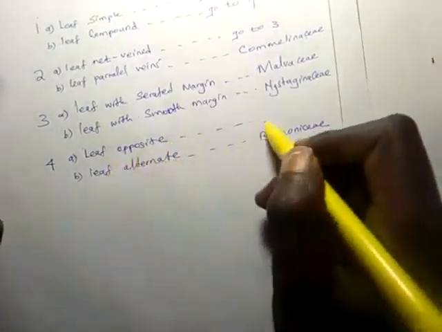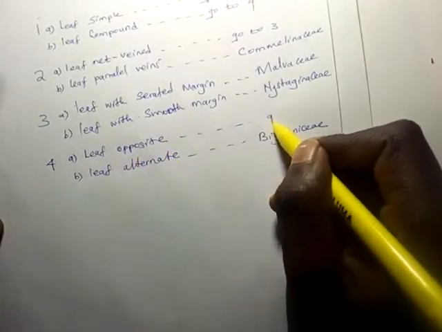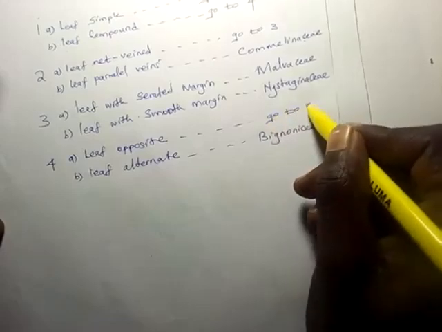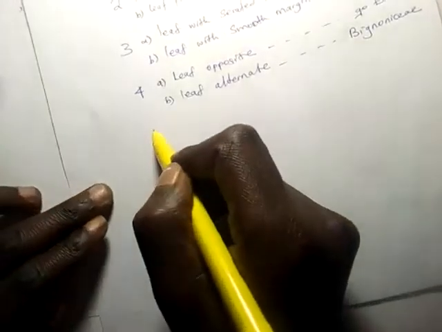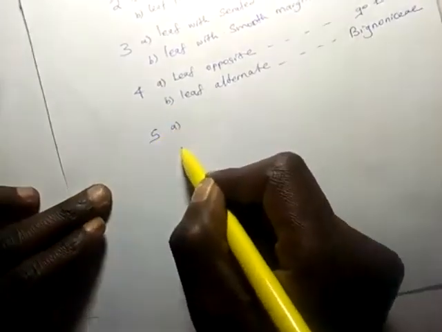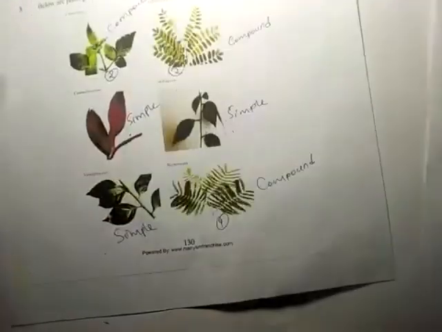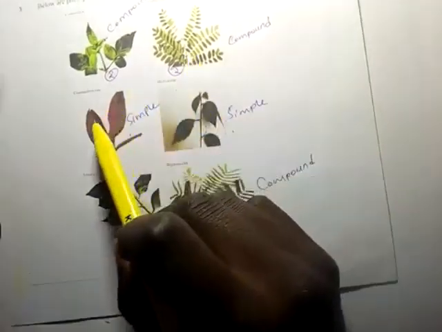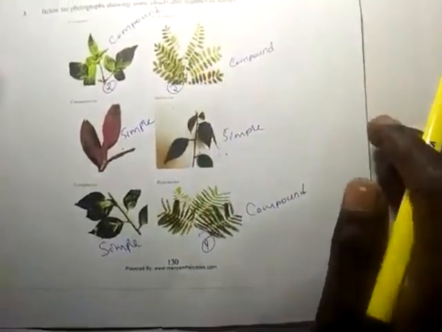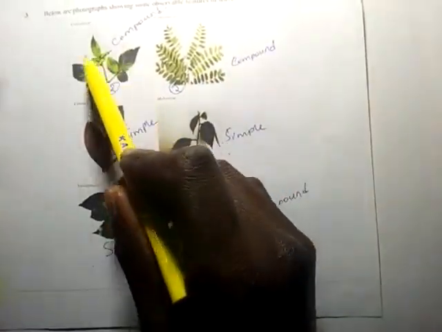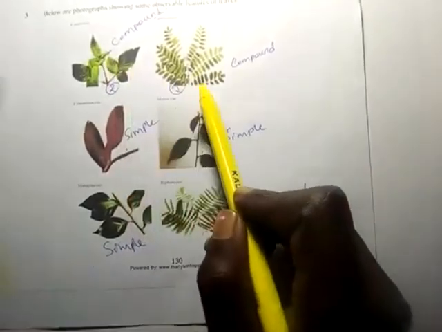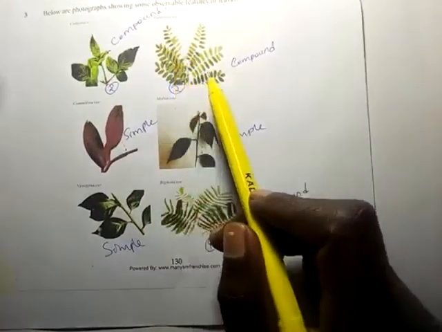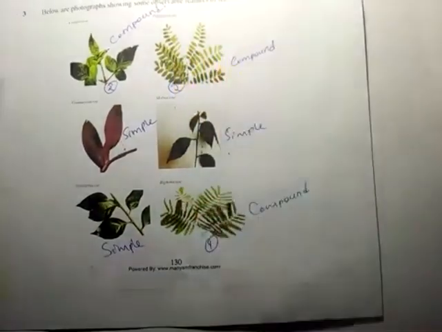While here now, because there are 2, we say go to 5. Now in 5, say 5a and B. This is simple because they are the only 2. Now because there are 3, we'll say leaf trifoliate, and this one there are many, leaf pinnate.